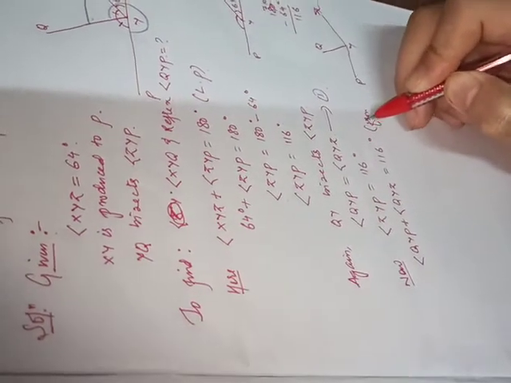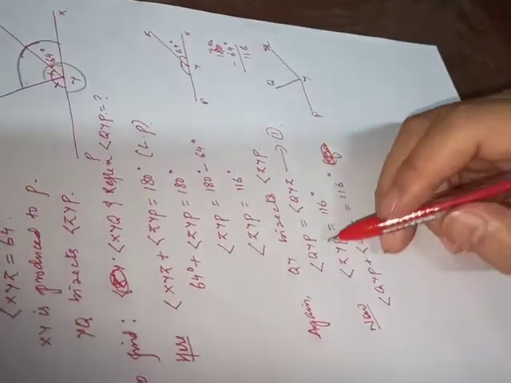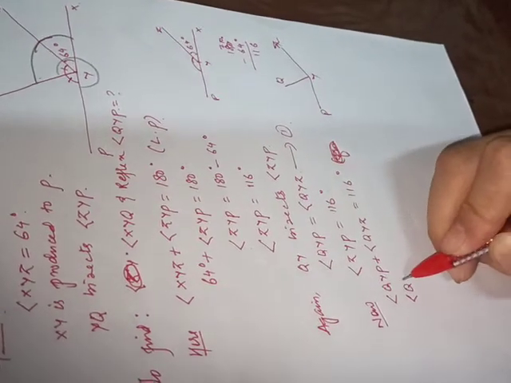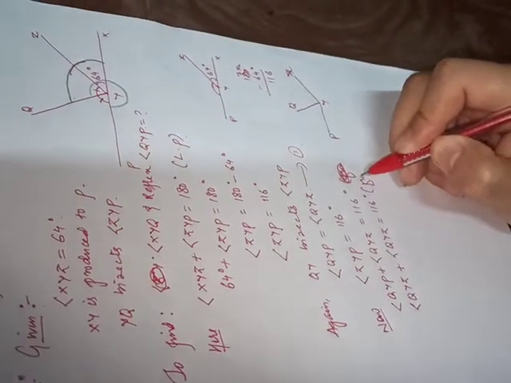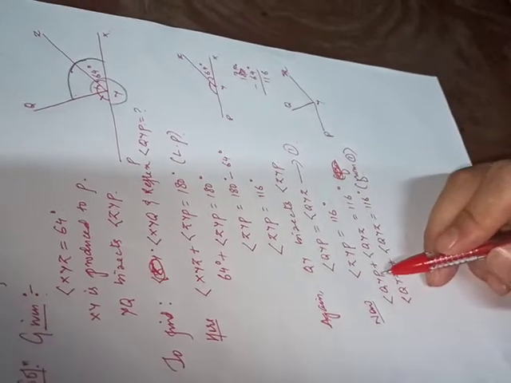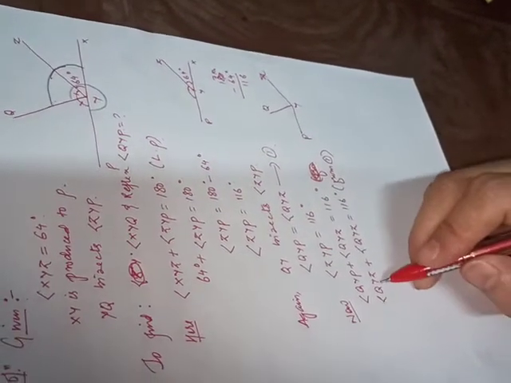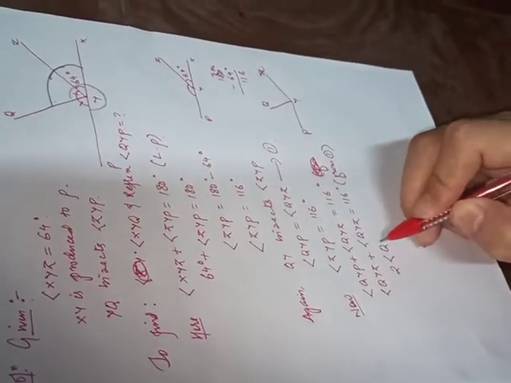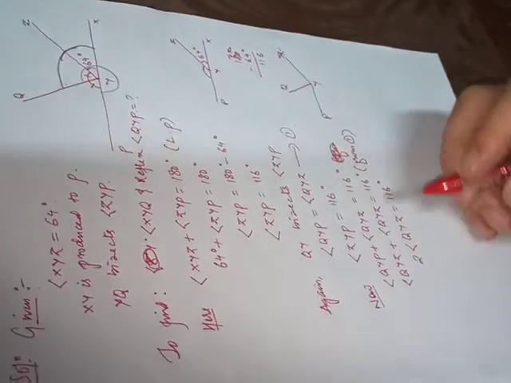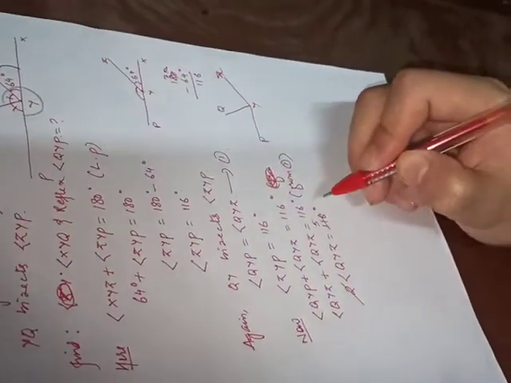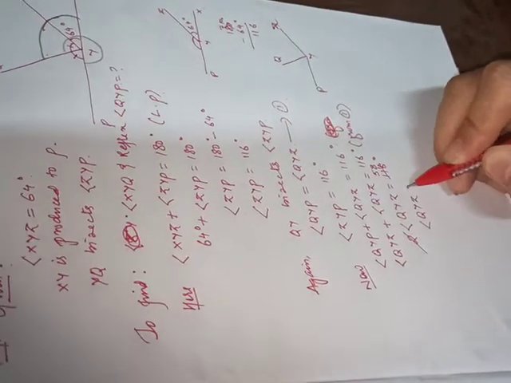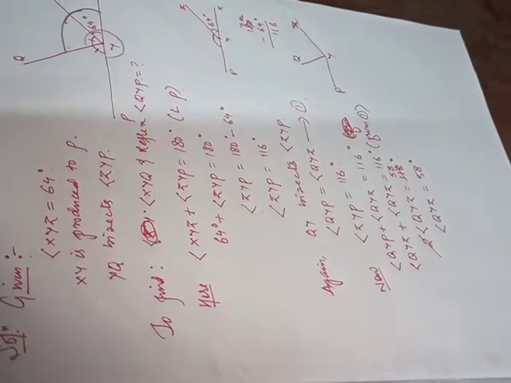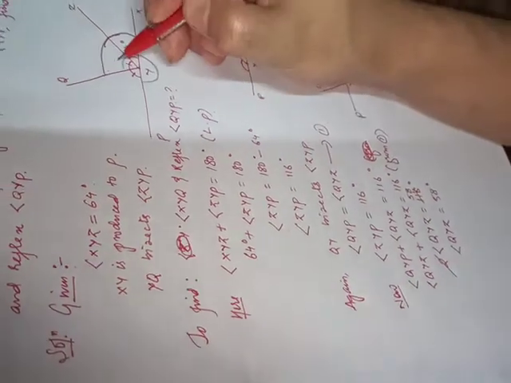Now angle QYP is equal to angle QYZ, so replacing it in equation 1, angle QYZ plus angle QYZ is 2 times angle QYZ equals 116 degrees. So angle QYZ equals 58 degrees.